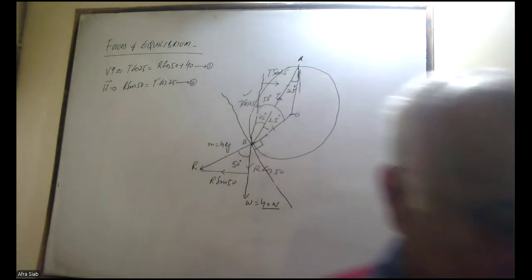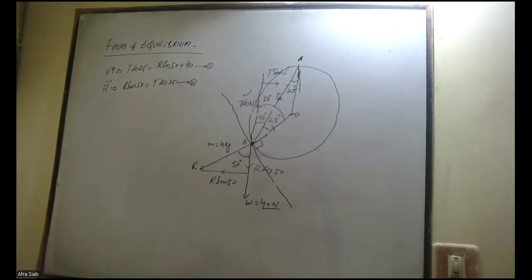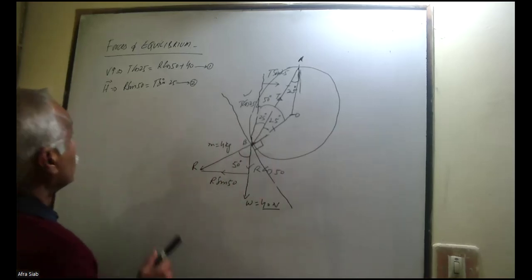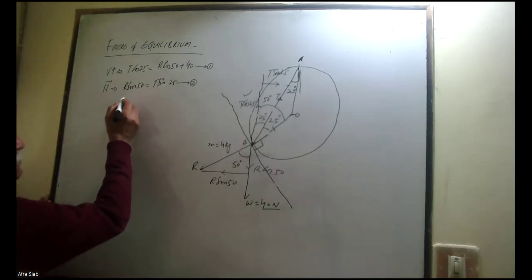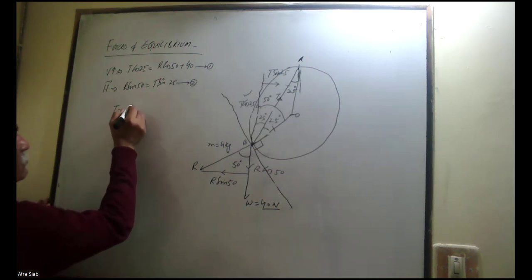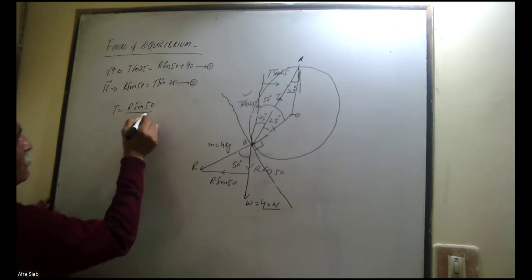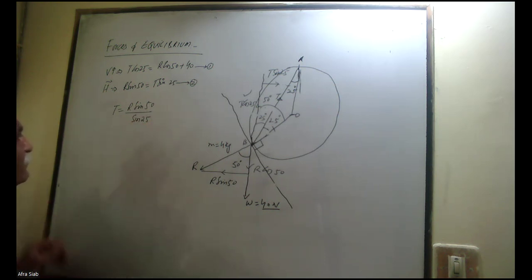Taking T as the subject, T should be equal to R sine of 50 over sine of 25.